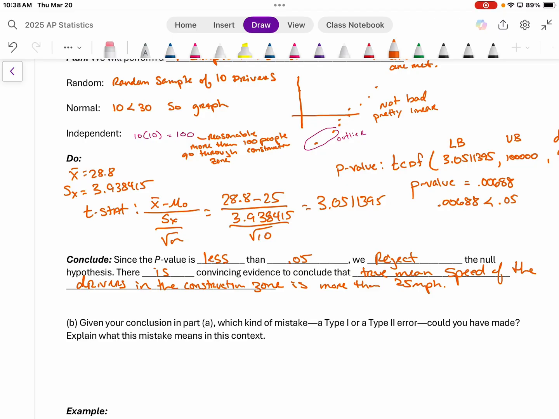Now remember, I'd go back and rewatch those videos on the type 1 and type 2 errors that I posted for you guys. Given your conclusion from part A, what kind of mistake did we make? Could we have made a type 1 or a type 2 error? Since we rejected the null hypothesis, that means that if we did something wrong, we did a what error? Anybody remember?